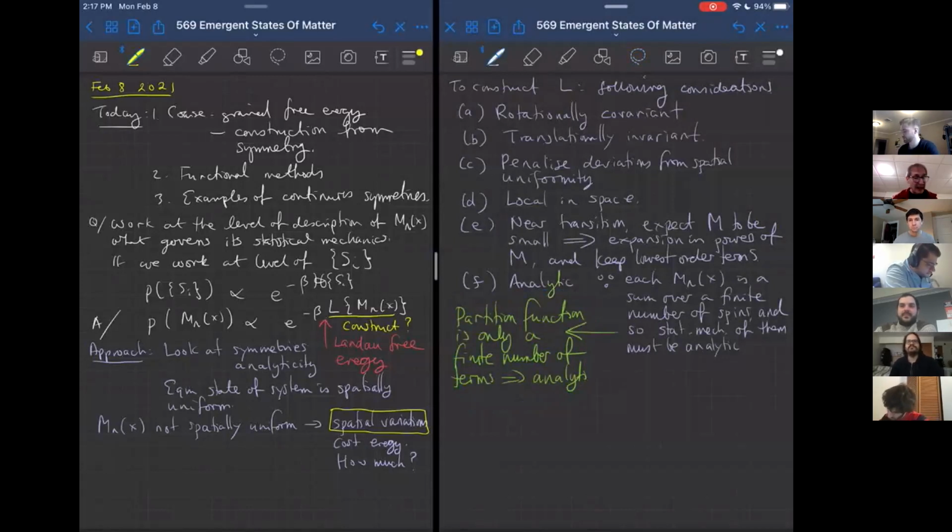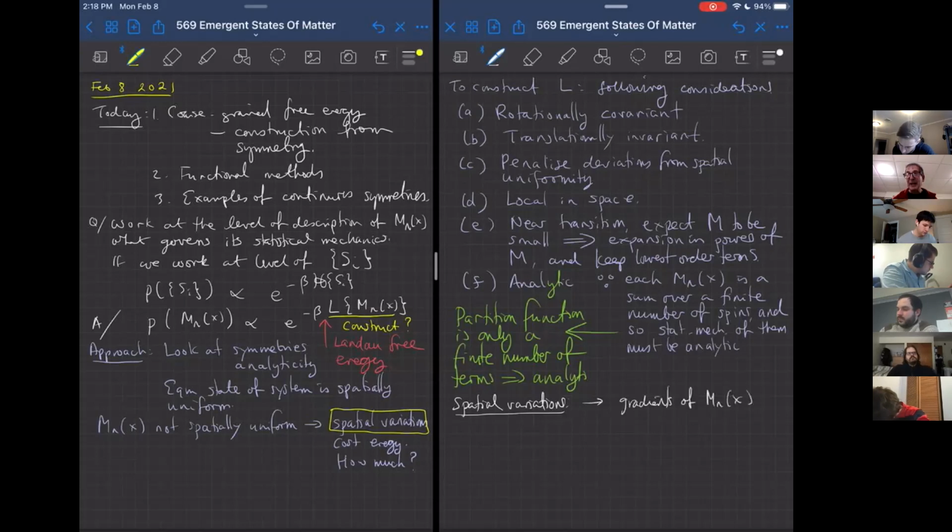Okay, so let's first of all talk about spatial variations. If I'm going to write down something that penalizes spatial variations, it's going to have to involve gradients of m, things like grad m lambda of x. And if it's going to involve that, it's got to be analytic, so it's got to be rotationally covariant.